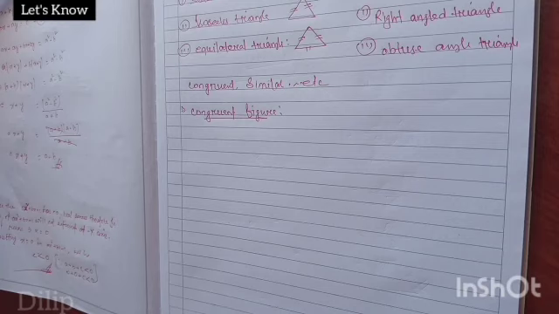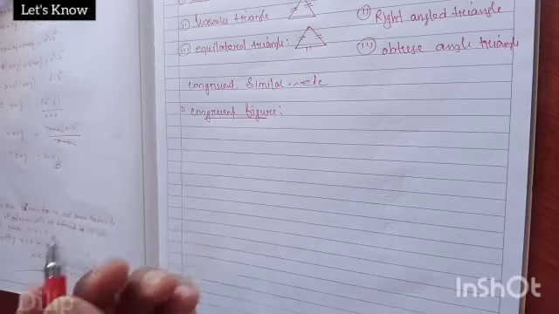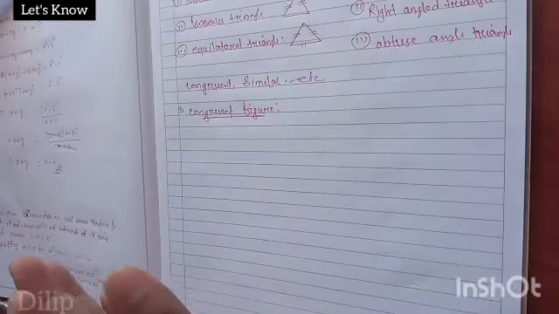Congruent figures means the figures whose shapes and sizes are equal in all respects are called congruent figures. Okay, you understood?